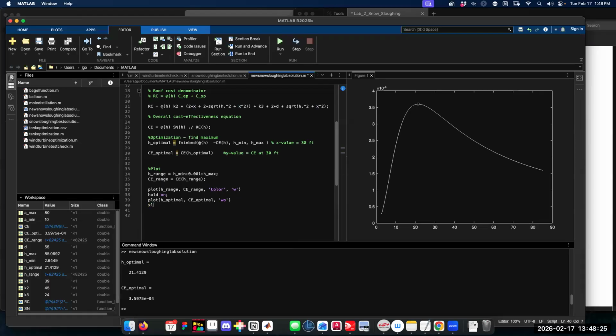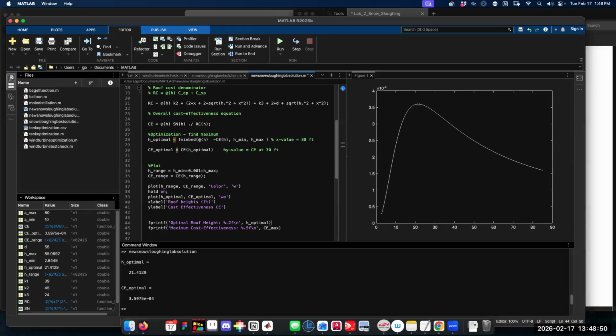And then we do xlabel, and you can call it roof heights in feet. And then ylabel is cost effectiveness, CE. And if you want, we can do the fprintf. So here's the copy and pasted fprintf statements at the very bottom. That will print out optimal roof height, and it's a float to 2 decimal points, I think. I might be wrong. And then a new line so that you can print out the next line.